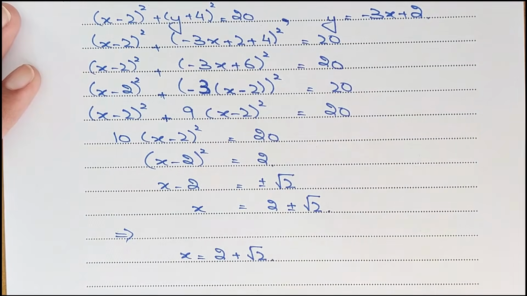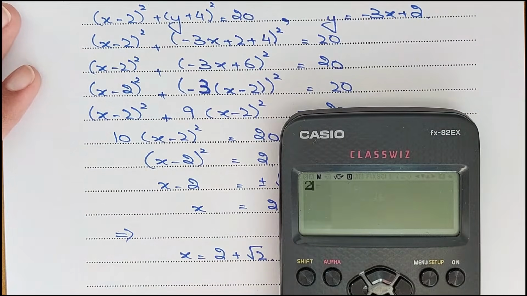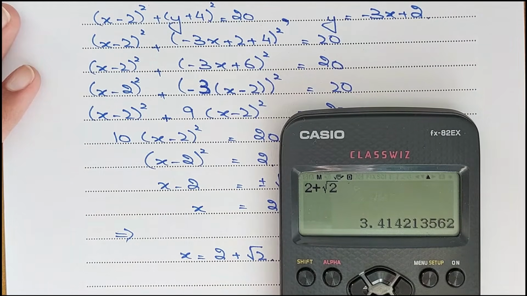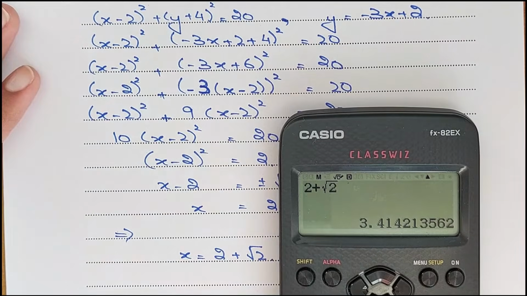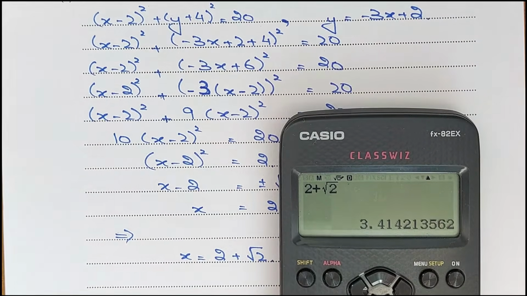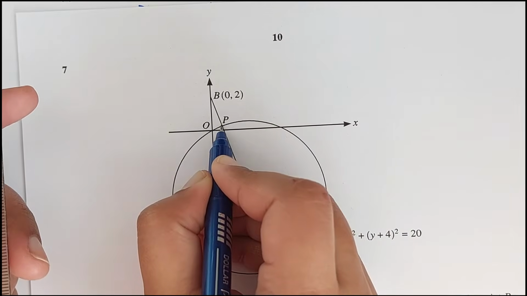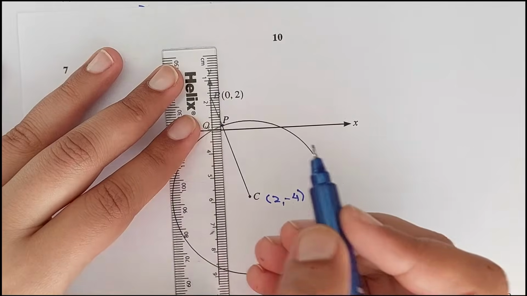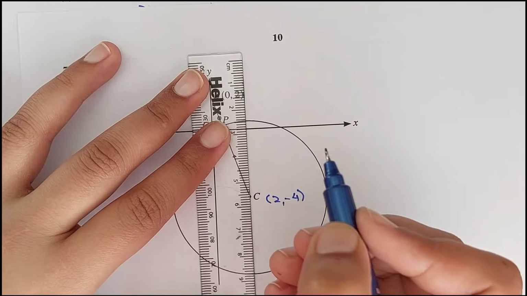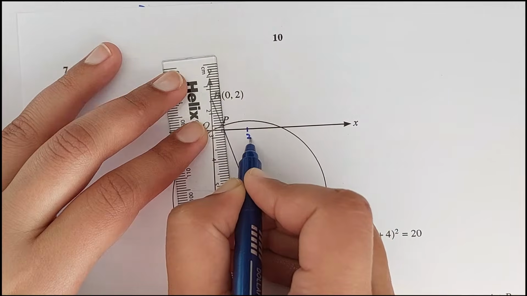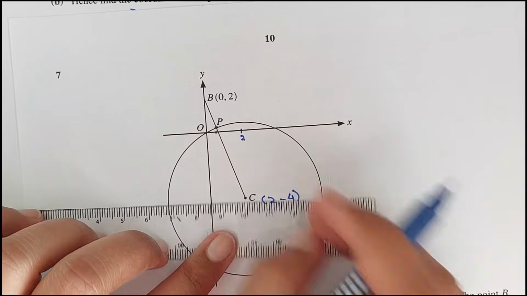Let me check. 2 plus square root of 2, this x would be equal to 3.4. As you can see, at this point of intersection the x value here is 2, and the y value is negative 4.